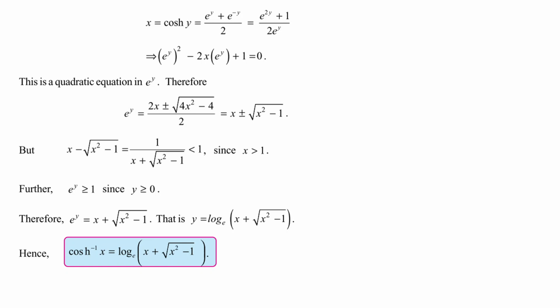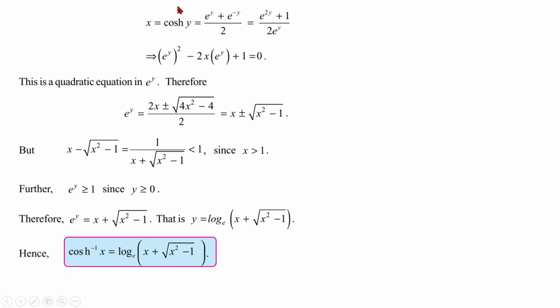You are getting it, no? Here also you have to be a little careful. This is greater than or equal to 1. You are getting two results. Which one are you picking, and why? Sir, x greater than 1. Why? So that you won't end up getting a negative value. So you are getting this result.